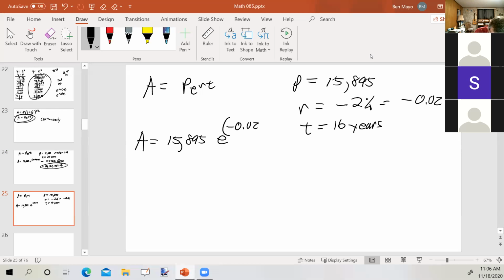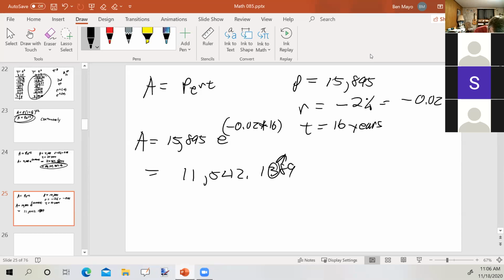It's going to decay. It's going to become smaller times 16. So I've got 15,895, and then times e to the negative 0.02 times 16, and I get 11542.1389.